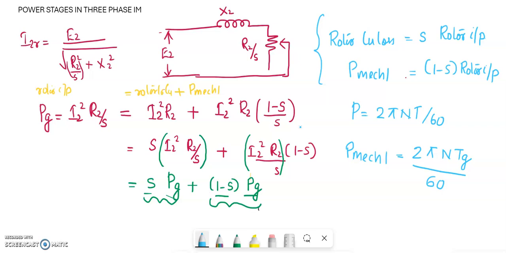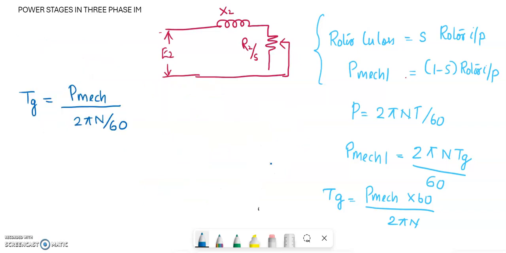Or from this I can write Tg equal to P mechanical into 60 divided by 2 pi N. So I have written it as Tg equal to P mechanical divided by 2 pi N by 60.